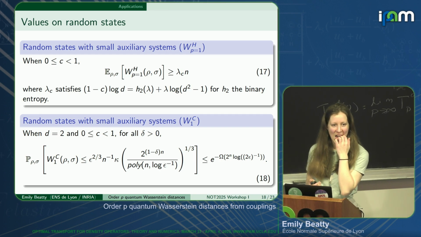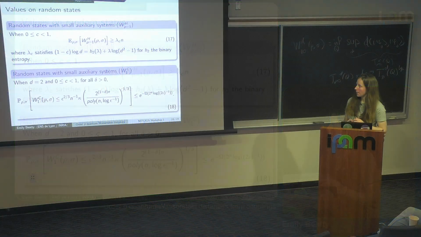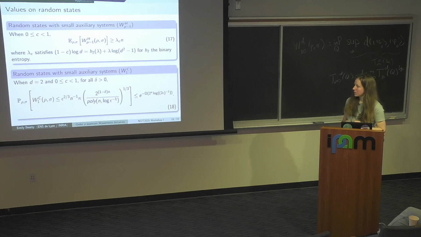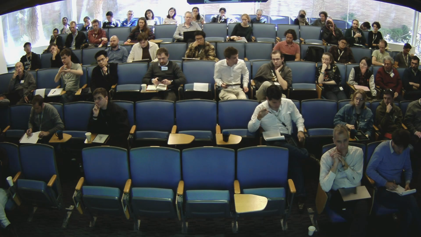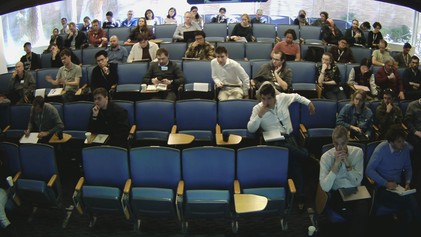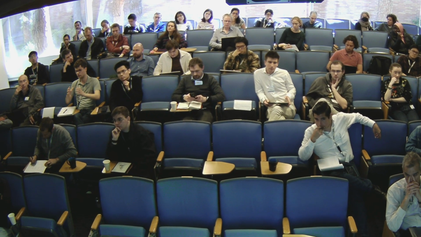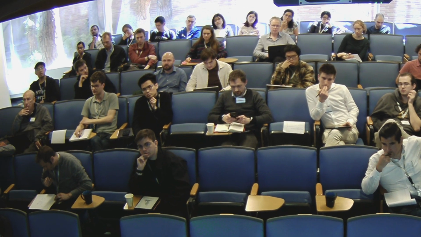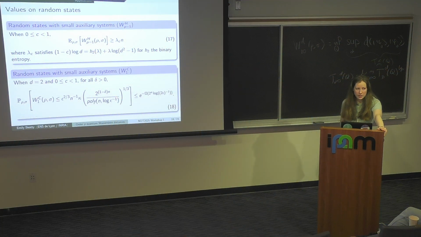How does C relate to the purity of your density matrices? If you have a large C, I can imagine you get a very big state with a very spread out spectrum. For a small C, it's very close to pure. Yeah. So if you fix H and take C to infinity, the distribution converges to a Dirac delta on the maximally mixed state.